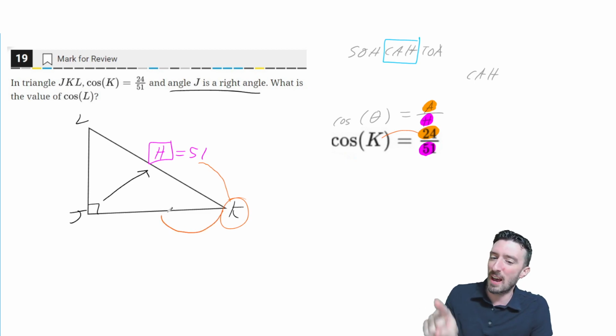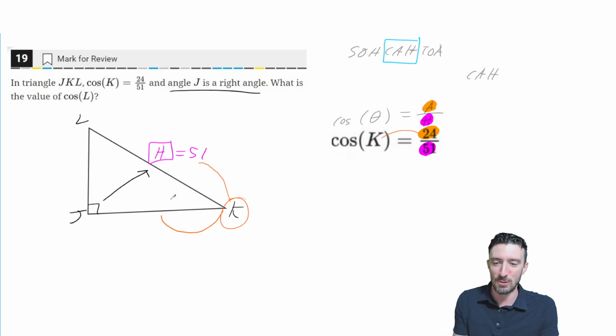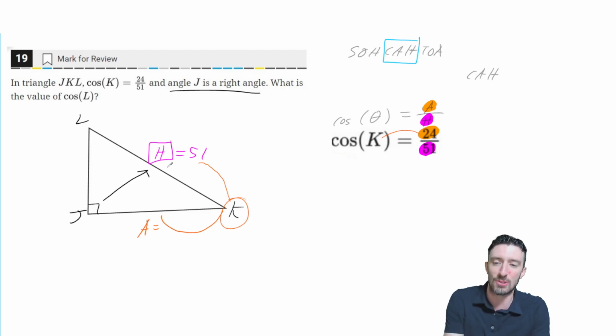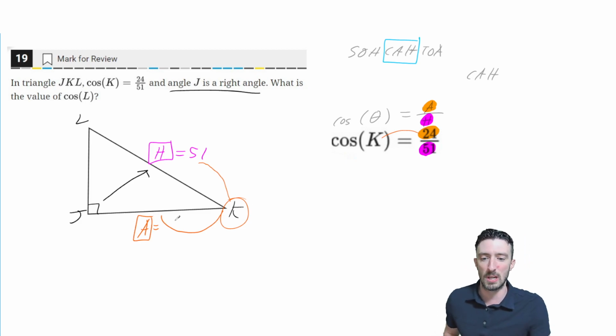So it's actually this other one that is also next to it. So a little weird, we got two sides that are next to angle K, but the one that we call the adjacent is just the one that's not the hypotenuse. Okay, so anyway, the adjacent in this case, we're going to let that be 24.